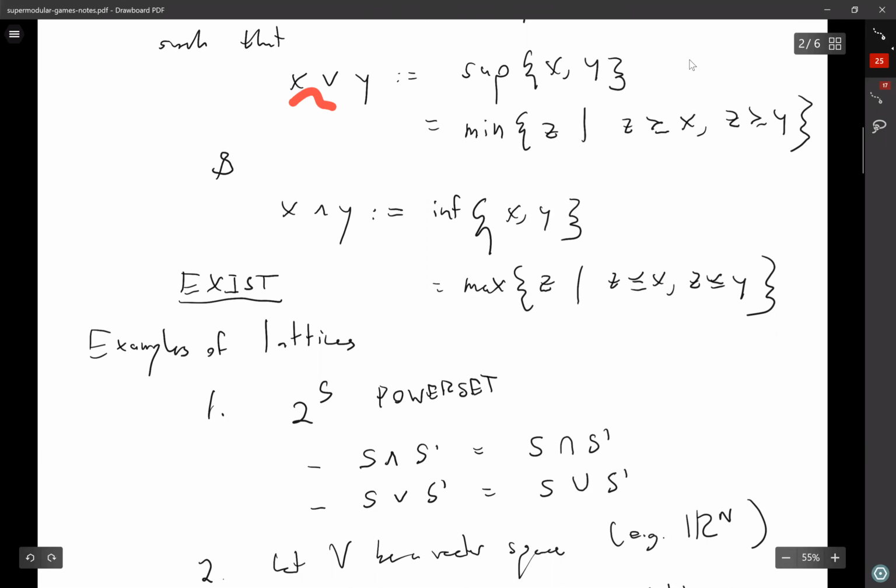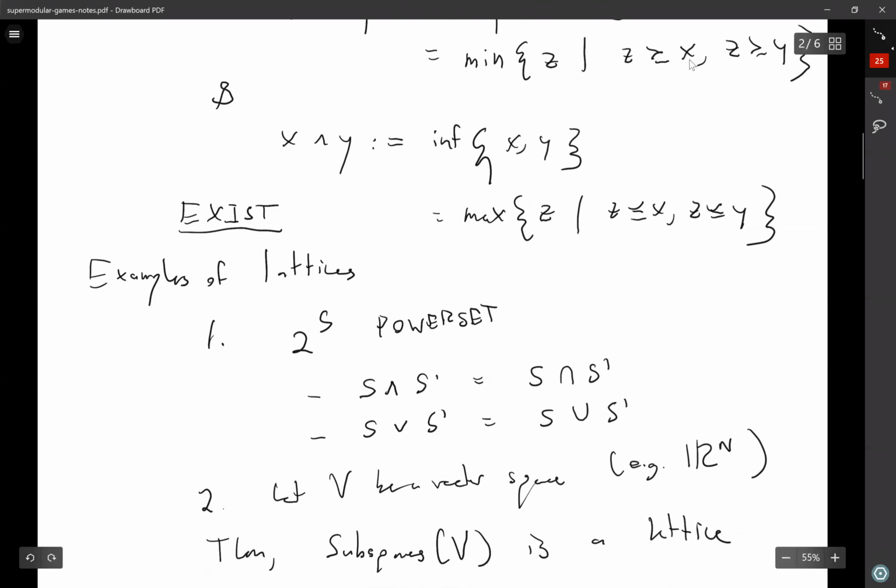And this is our notation for least upper bound, and this is our notation for greatest lower bound. And this notation is kind of confusing. So in order to be a lattice, we have to be a partially ordered set, and we have to have these binary operations: this is called a join, the V symbol, and then we have a meet, which is the wedge symbol. So we require that these two things exist.